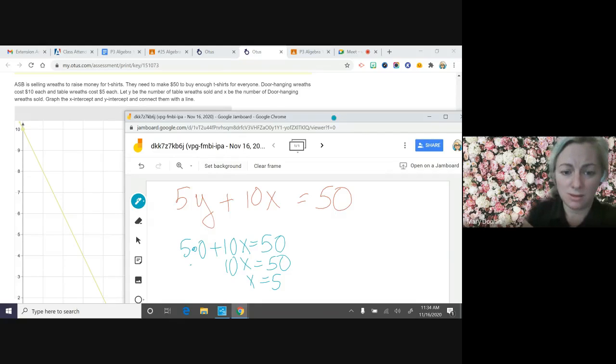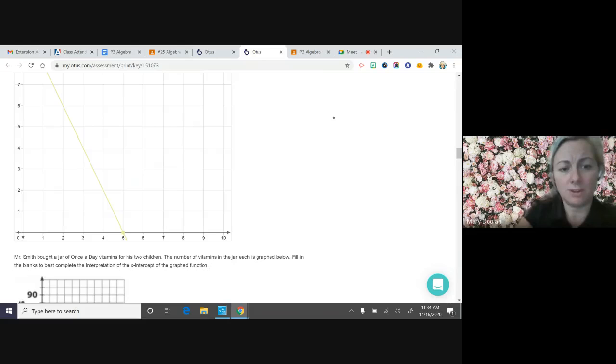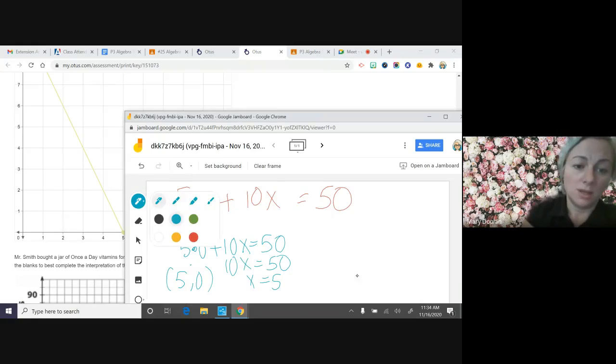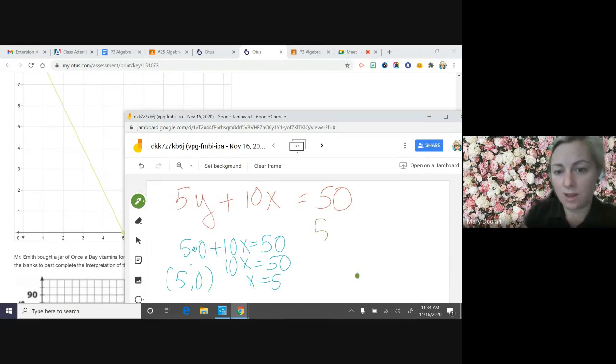So this is one of our points, (5, 0). If x is 5, y is 0. And that is what we have, yep, (5, 0), that's right there. Just seems so weird to me. Okay, and then the other one, we take 5y plus 10 times 0 equals 50.